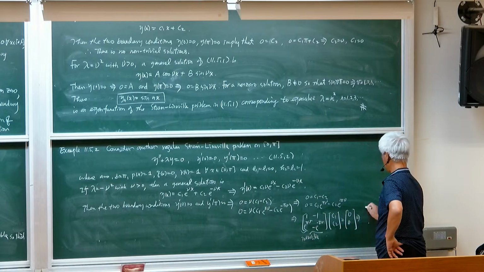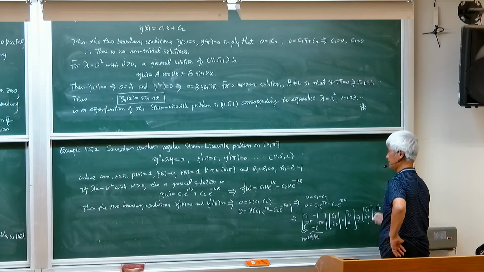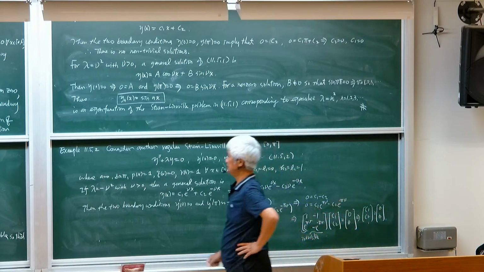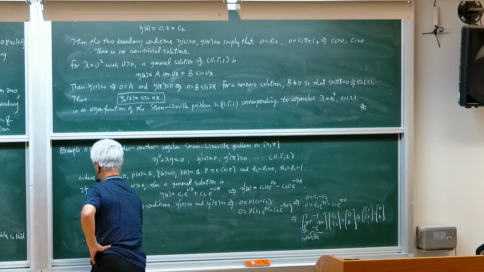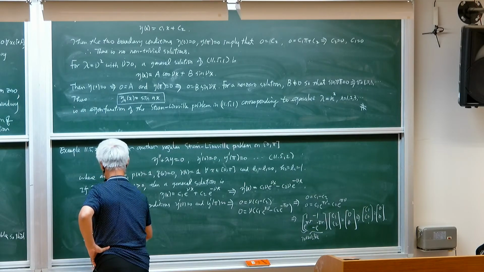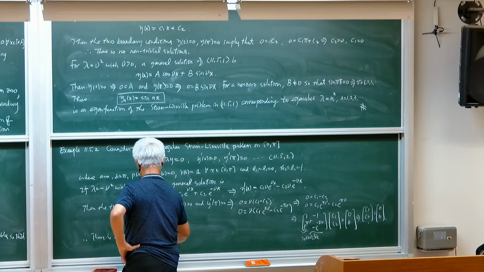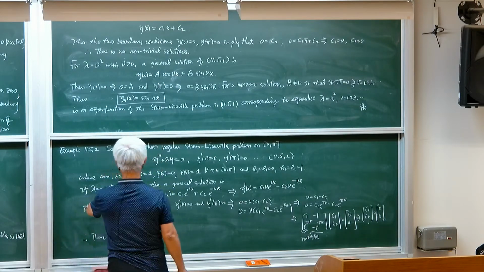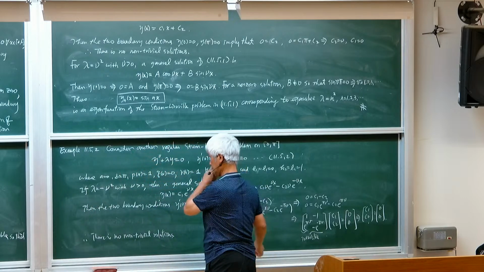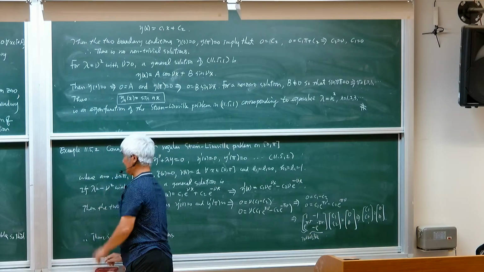So this implies that C1, C2 is the trivial solution, so there is no non-trivial solution when lambda is negative.